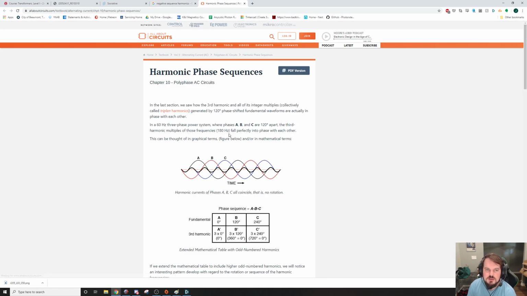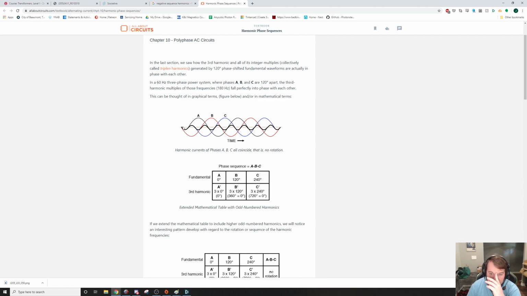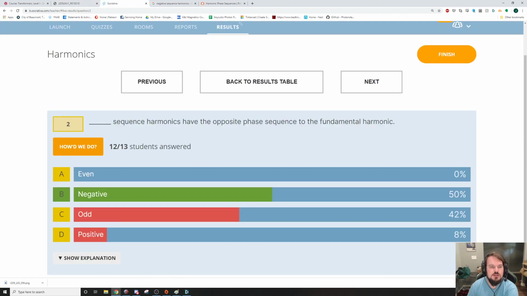Oh, All About Circuits. That's a really good website. There's been a lot of stuff on All About Circuits. So the negative sequence is 180 degrees out of phase, and it creates this weird, or I guess a smaller wavelength.